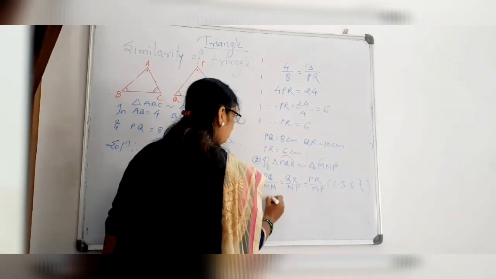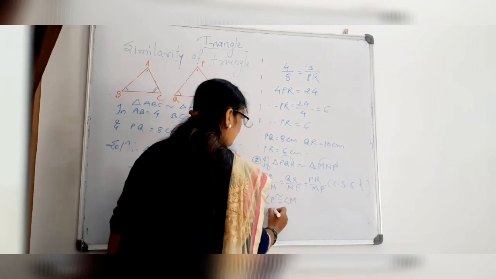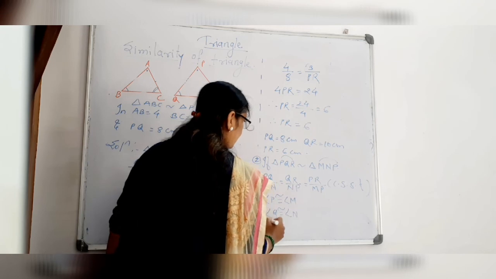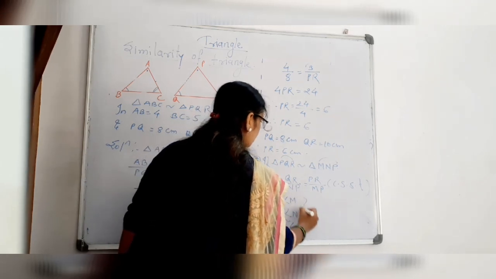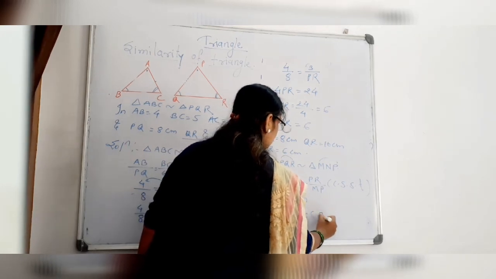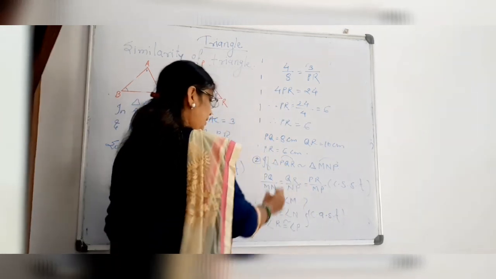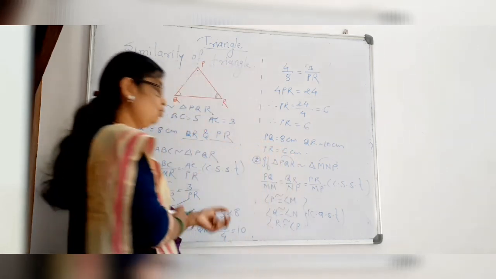And then write angle P is congruent to angle M, angle Q is congruent to angle N, and angle R is congruent to angle P. The reason is CAST, corresponding angles of similar triangles. If triangles are given similar, then you have to write down the ratio like this.